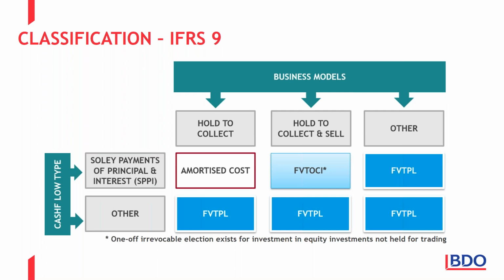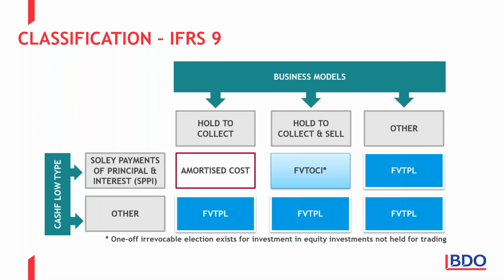And if you meet the SPPI test, you then consider the business model, and there could be one of three business models. If you meet SPPI and it's hold to collect, then you've passed both hurdles to get to amortized cost. If you pass SPPI, but your business model is to hold, to collect, and sell, then you've got fair value through OCI, which is for an equity instrument.